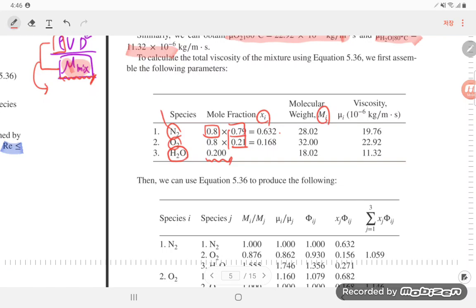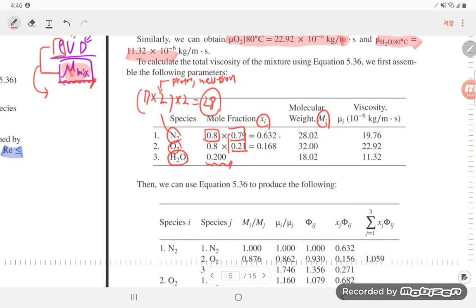And we also already know the molecular weight, Mi, because for the atomic number of nitrogen, there are protons and neutrons, and the gas has 2 atoms. If we multiply these, then approximately we can get the molecular weight.